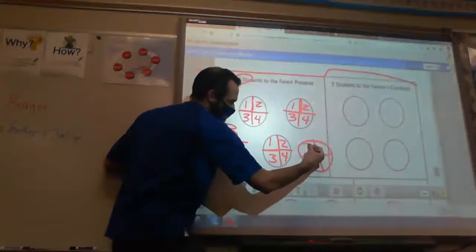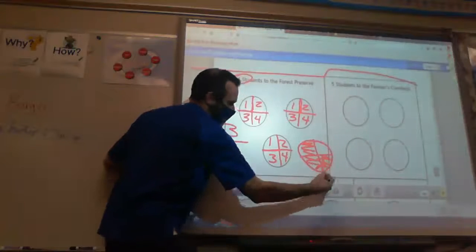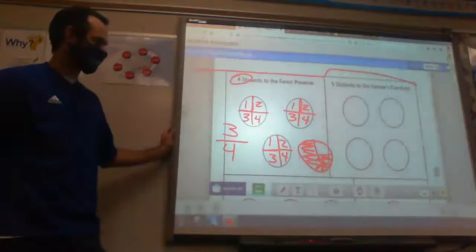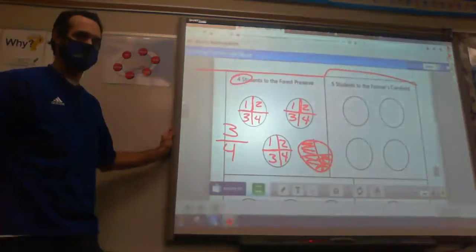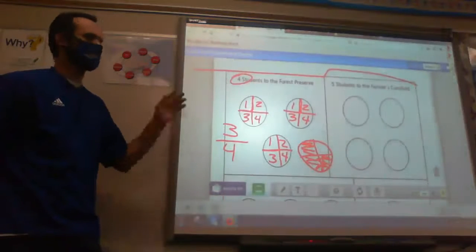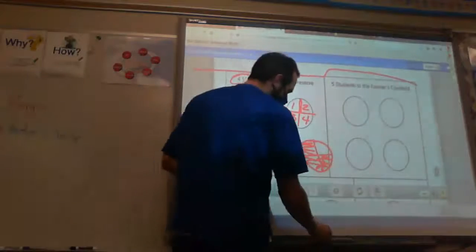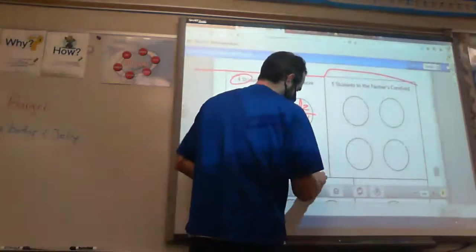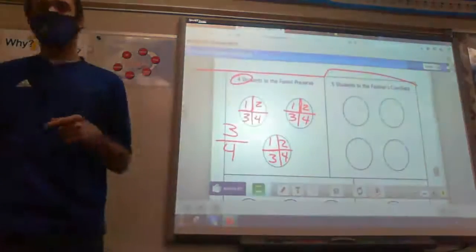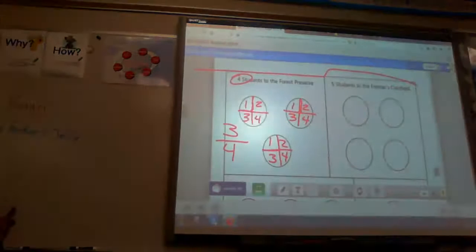But it's essentially like you're getting that much, aren't you? Right? You're missing 1 piece of pizza. That to me is the easiest and simplest way to make sure that you don't make a mistake when you're trying to figure out what fraction each person gets.